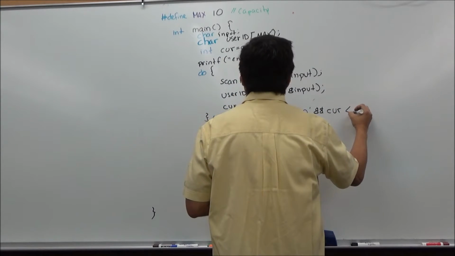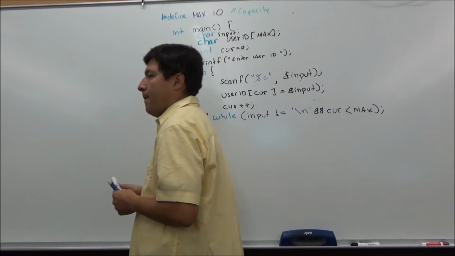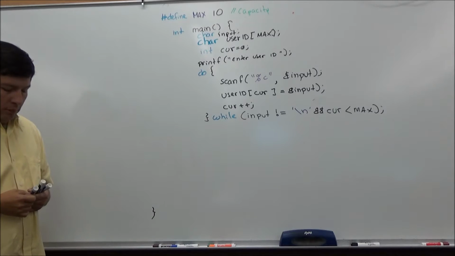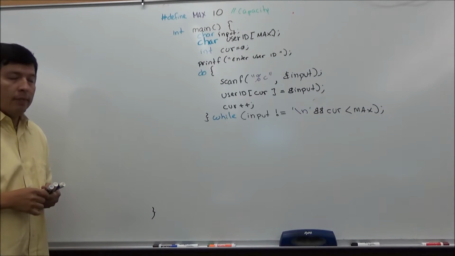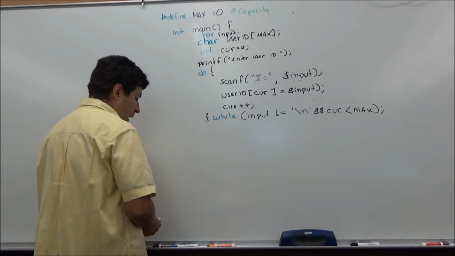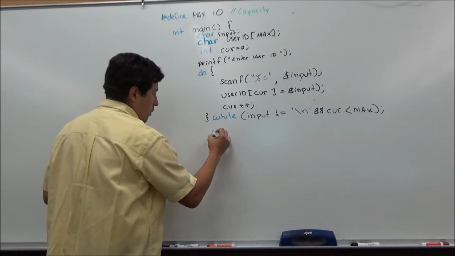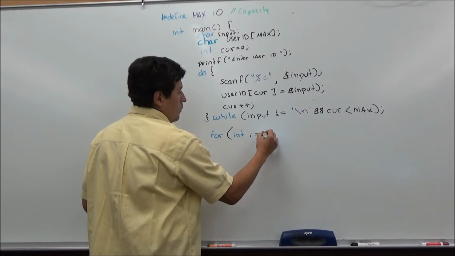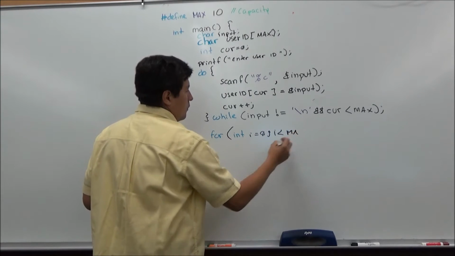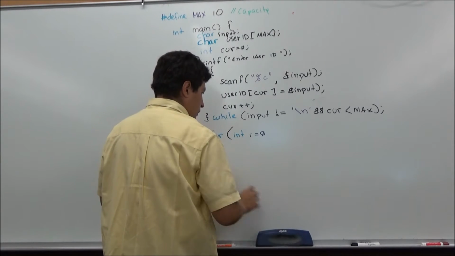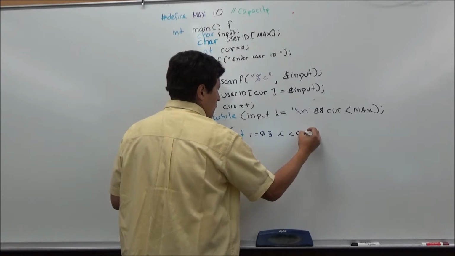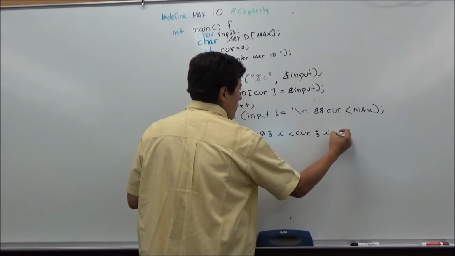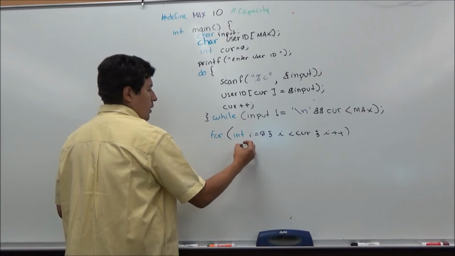So, if I'm going to print this out, the way I had it before, it looked like this, where I had a for loop. And I had it like this.